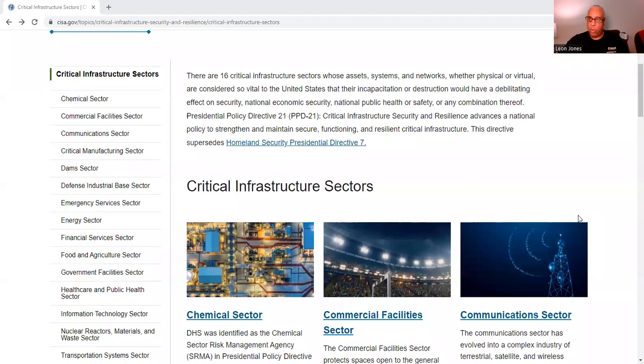Now, a while back, there were 18 sectors, but now there are only 16.